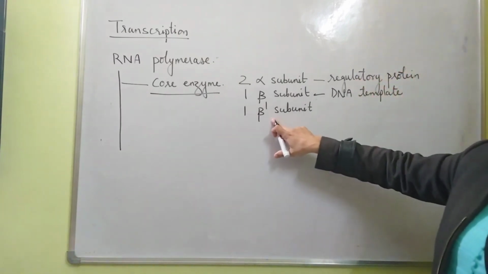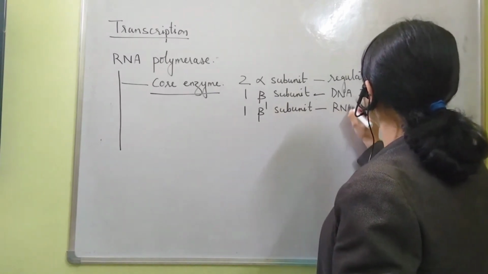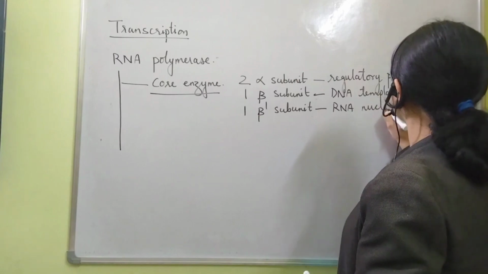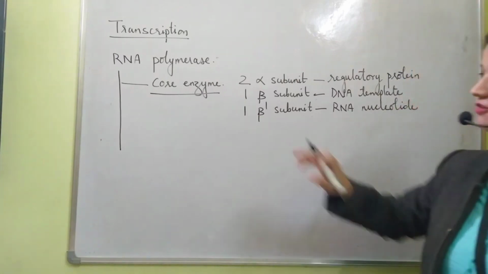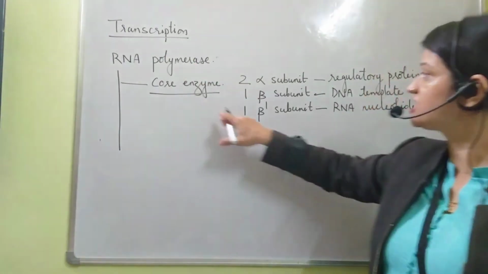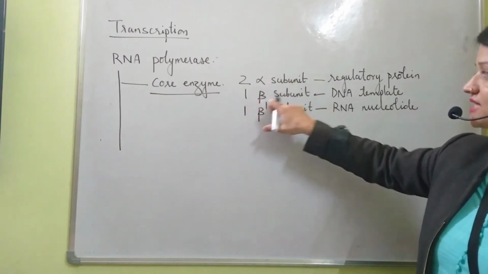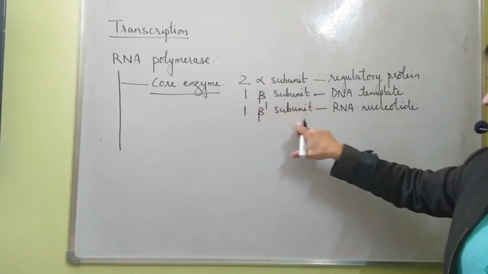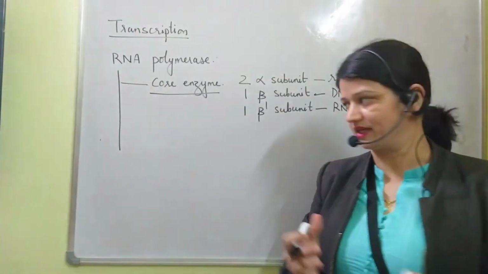And the beta dash subunit is required to bind RNA nucleotide. So here we can see the first part of RNA polymerase is core enzyme, which is made up of 4 subunits, 2 alpha subunits, 1 beta subunit and 1 beta dash subunit. These subunits are always present together.